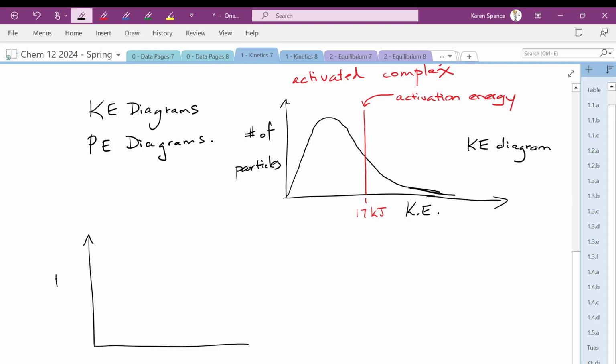Potential energy. Okay, and that's in kilojoules. Actually, probably kilojoules per mole. This one is kinetic energy in kilojoules per mole.